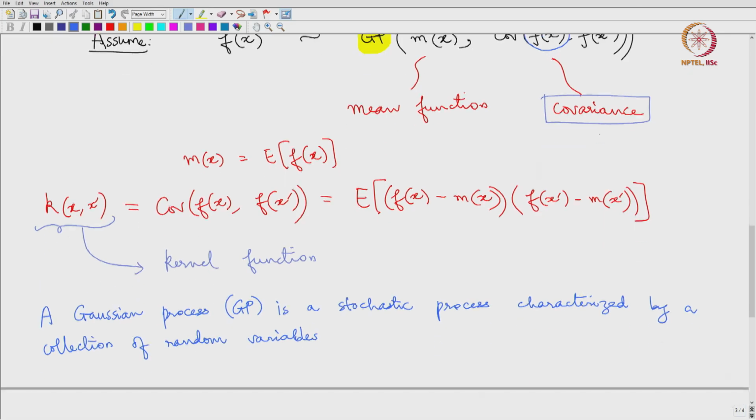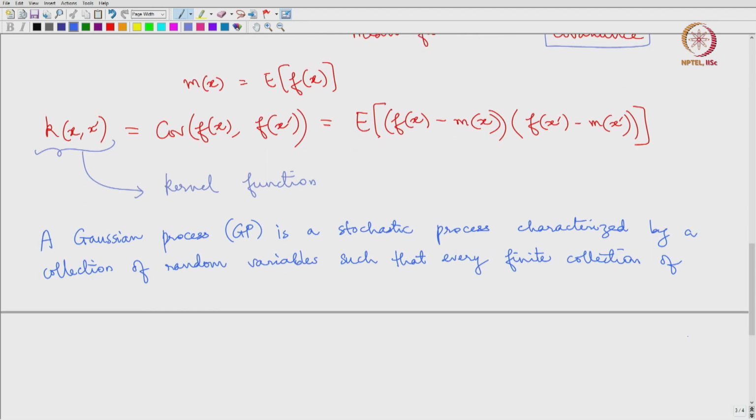So, that is a collection of random variables such that every finite collection, every subset of these random variables, follows a multivariate normal distribution.